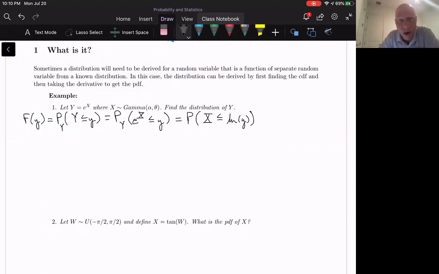Now the random variable in this statement is X, so the subscript on P is the distribution of X, whose distribution we do know. I didn't change the subscript here because even though there's an X inside the P notation, it's not X, it's e to the X, and e to the X is Y. So we didn't get X alone yet. That's why the subscript on P is still Y, not X.